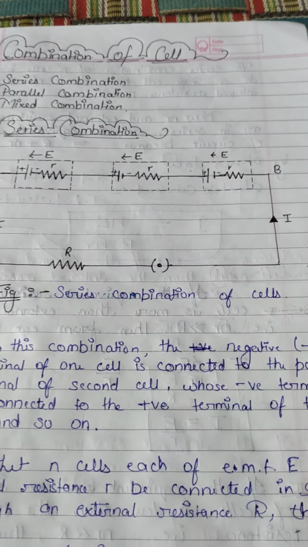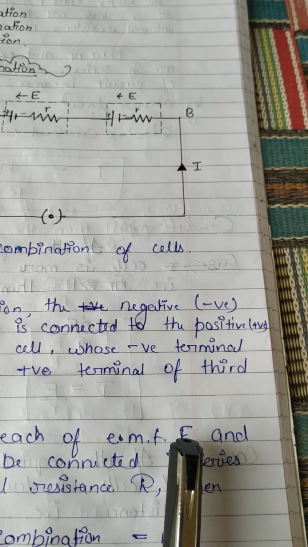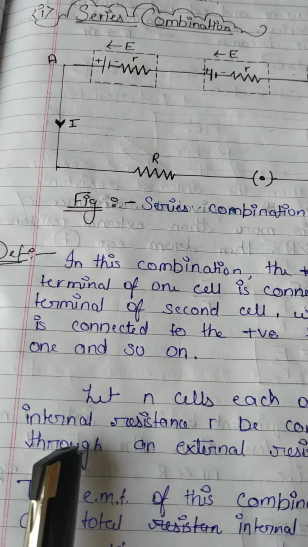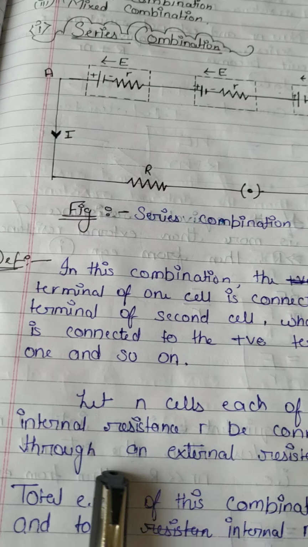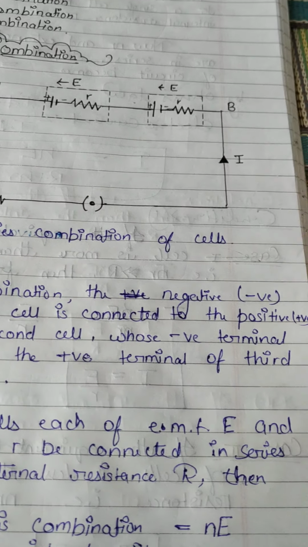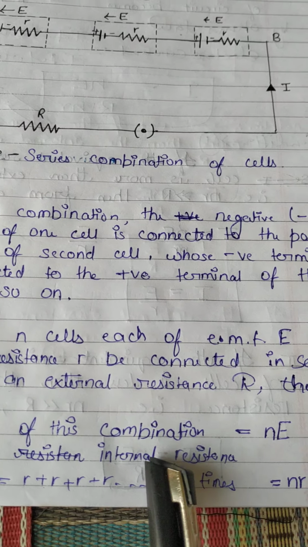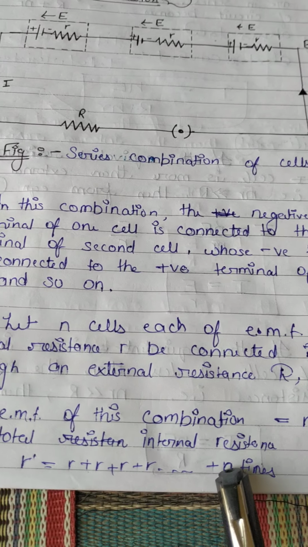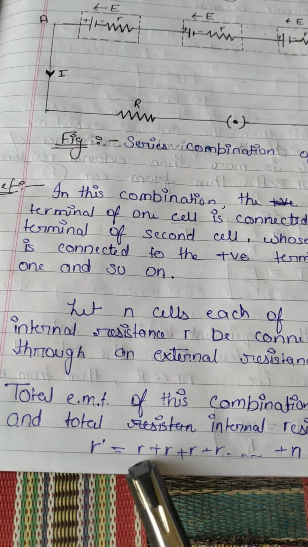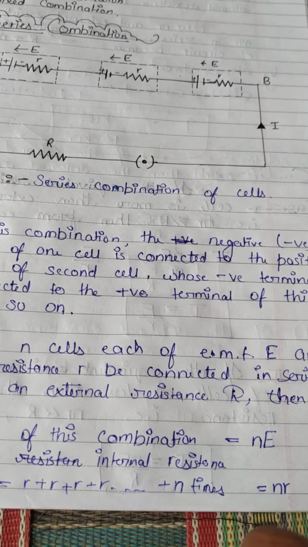Key: let n cells, each of EMF capital E and internal resistance small r, be connected in series through an external resistance capital R. Then the total EMF of this combination equals nE, and the total internal resistance r' equals r plus r plus ... n times, equal to nr.